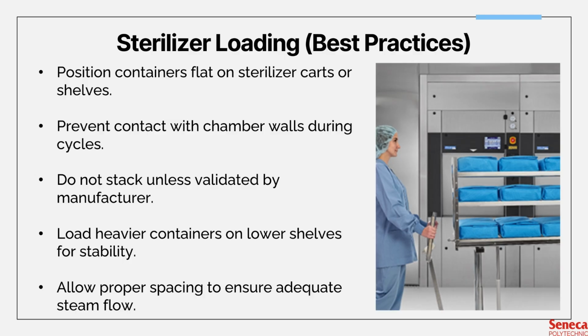For me, I use maybe 2 to 3 fingers, which is about 2 inches of space in between them to measure their distance. You have to remember that improper loading is one of the most common causes of sterilization failure. You have to follow your facility's loading policies and the sterilizer's load configuration guide every single time.